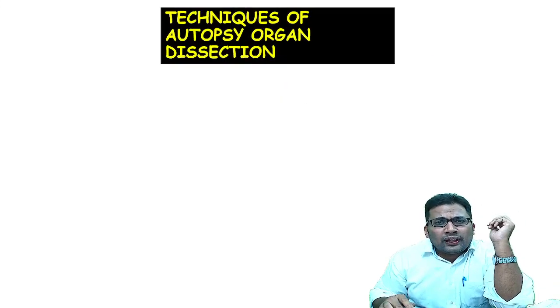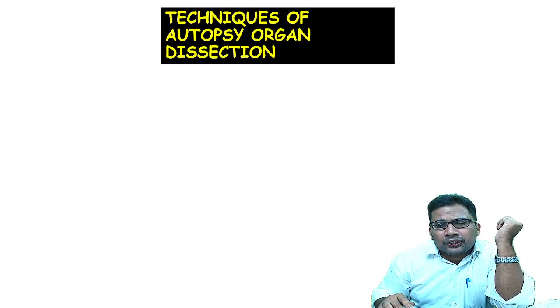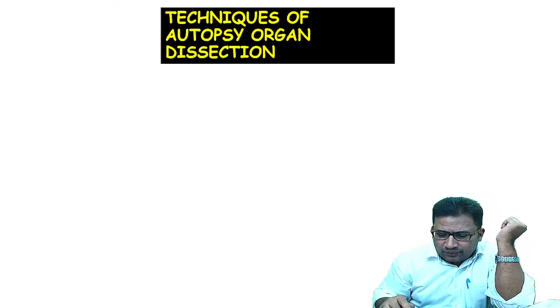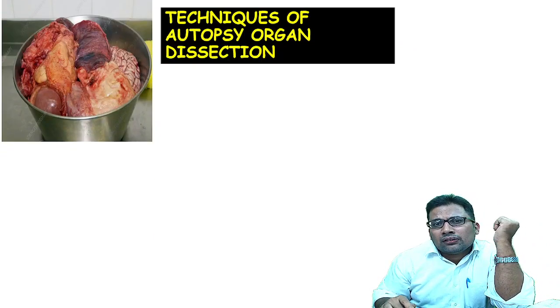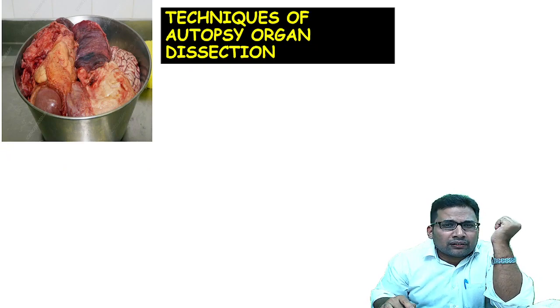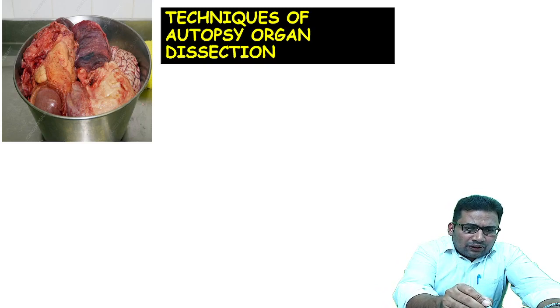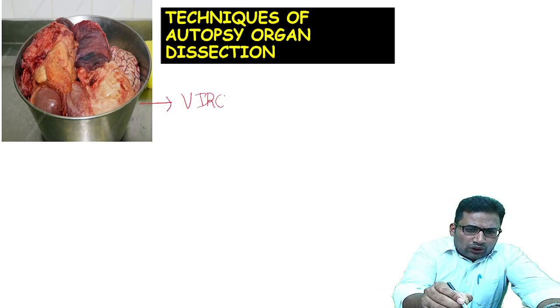There are 4 techniques of autopsy organ dissection. The first one, removal of organs one by one, is known as the 1 by 1 technique, the Virchow technique.